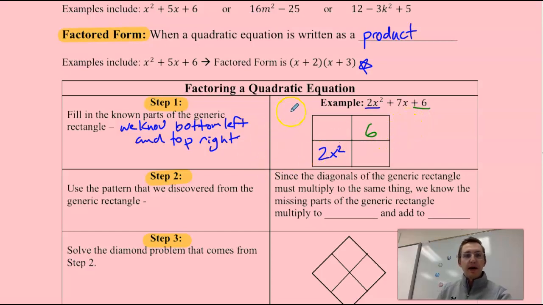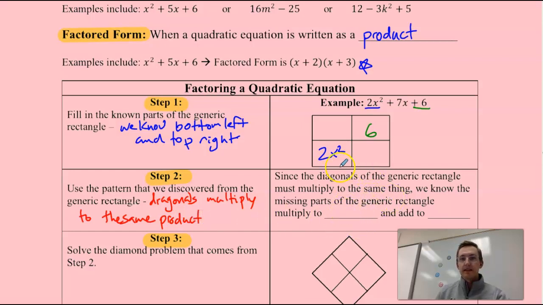So now we're going to use the pattern that we discovered from our generic rectangle to say that the diagonals multiply to the same product.